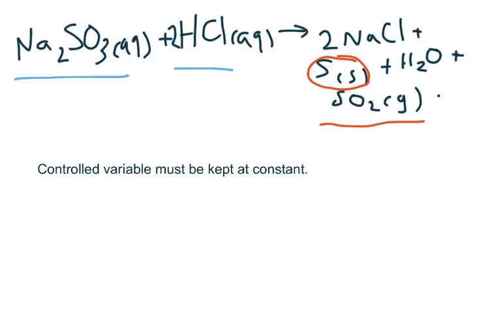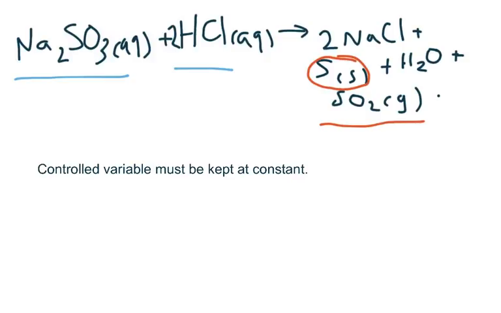Okay, wonderful. What about the other things? We know that we change one thing and measure another. So what does that have to do with variables? We have two other types of variables. We have the independent variable and the dependent variable. The independent variable is the one being investigated, and we change it constantly, and we can choose different values of it.